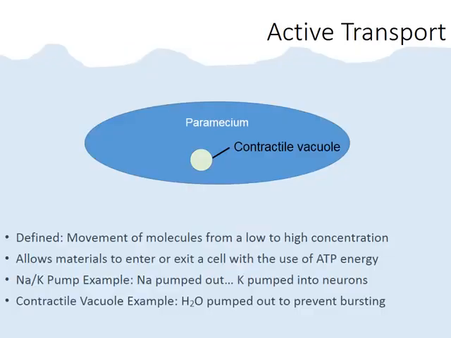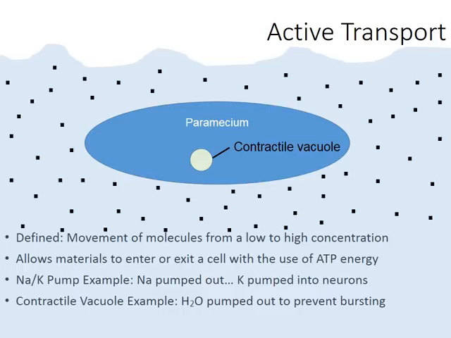So here's just a drawing of the paramecium in its watery environment. And all these black dots represent water molecules. Now right now you can see there's a high concentration of water outside the cell and there's a low concentration of water inside. So right now it's through simple osmosis. Water will diffuse into the paramecium. Now that's an example of passive transport. But watch what happens.